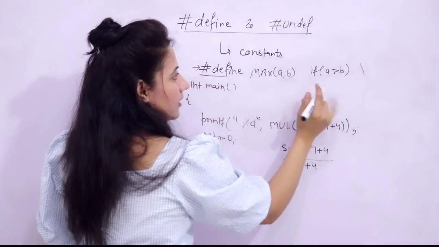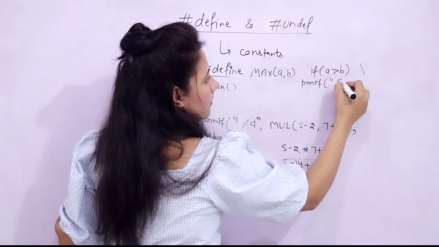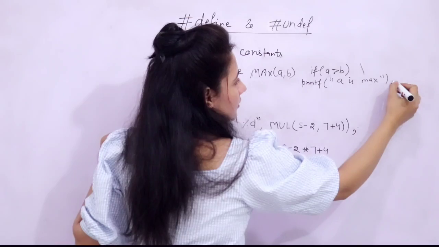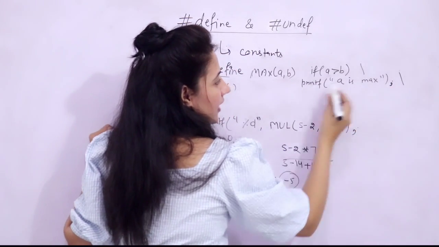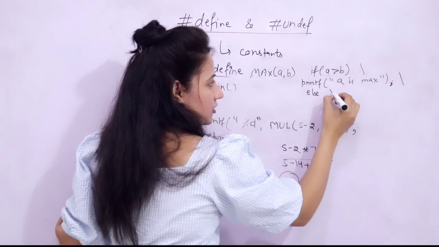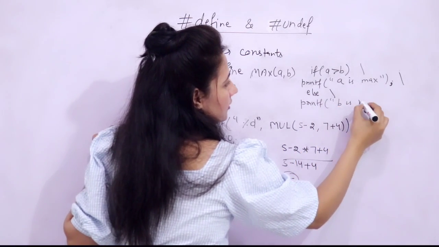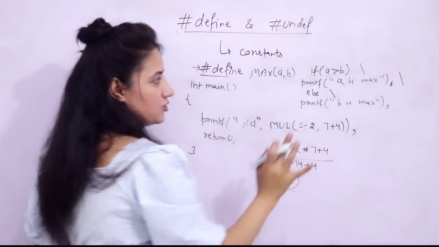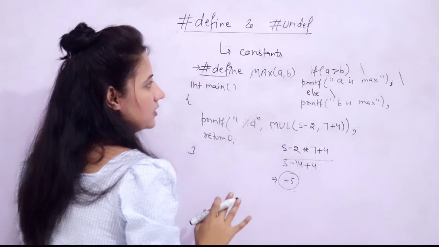In another line you can write printf A is maximum, semicolon. You will use semicolon obviously after this printf, right? Then slash, else, then slash, then printf B is maximum. No slash after this last line. You can write down multiple lines, something like this, right?